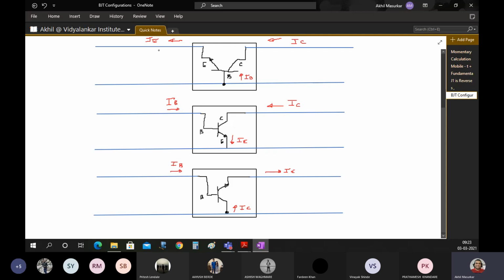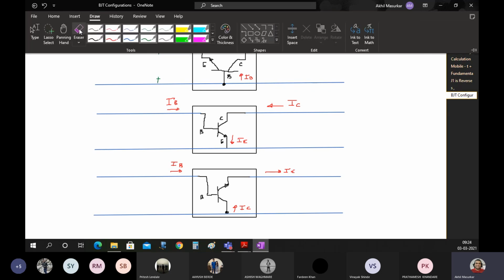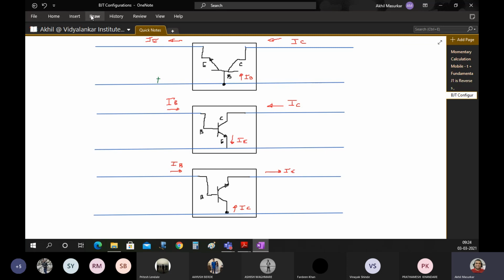Now if you see here, we have plus minus. So current is flowing like this. So I'll take this as plus and minus. Just see the direction of the current. It is coming out, so it has to be plus and minus. I will call this plus minus VBE.